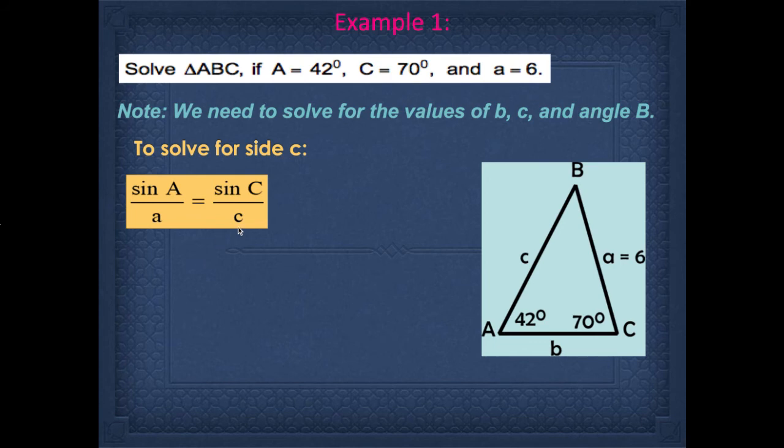Now, since only side c is unknown, or not given, we can use this proportion or formula to solve for side c. Take note that in a formula, there should only be one unknown so that we can solve that formula. Here, only side c is missing. All the rest are given or known. Therefore, we can use this formula or proportion.